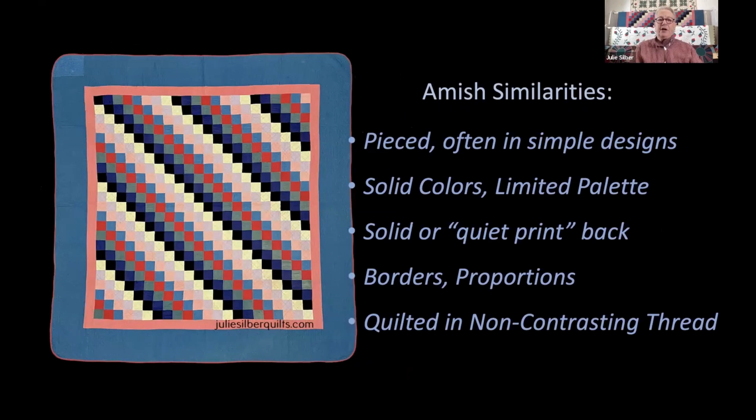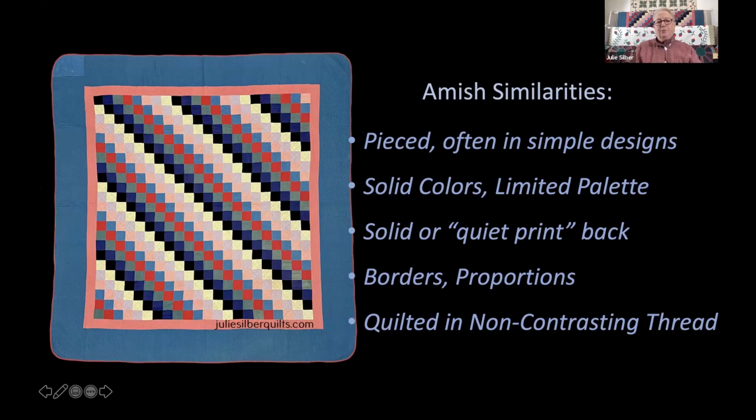The similarities to an Amish quilt are the following. Amish quilts tend to be pieced, often in simple designs, meaning in this case, a one patch, just a square over and over again. Amish quilts typically are in solid colors with a limited palette, and that works here. The backs of Amish quilts tend to be either solid or a very quiet print, even if on the front there is no printed fabric.